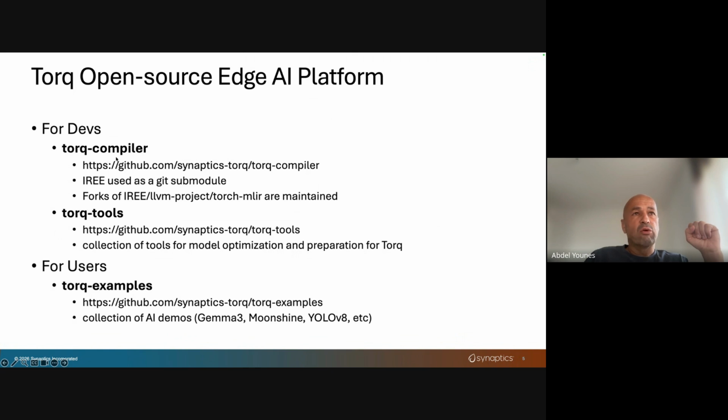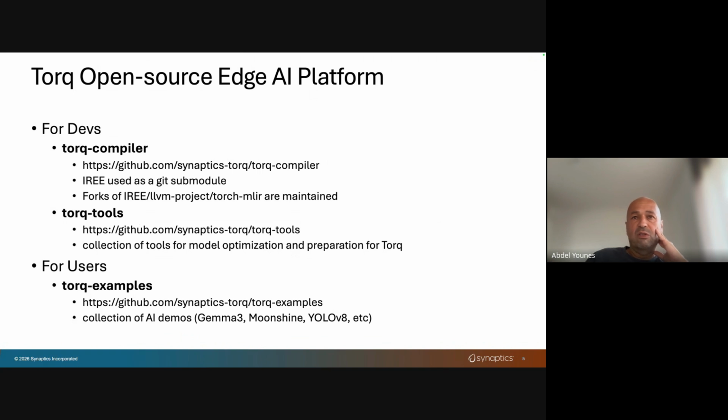In parallel to this Torq compiler, we have the Torq Tools GitHub project, which is a collection of tools for model optimization and preparation for Torq. Today, for example, for Moonshine or for Gemma 3 or other models, we are using this Torq tools repository to prepare the model.